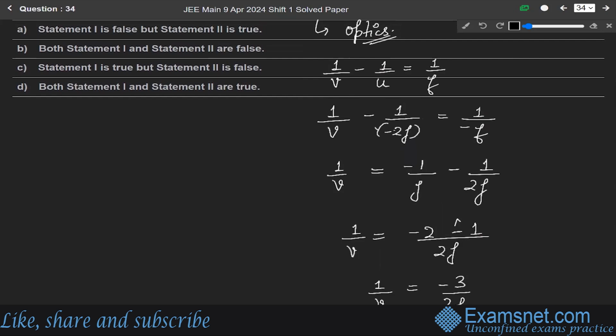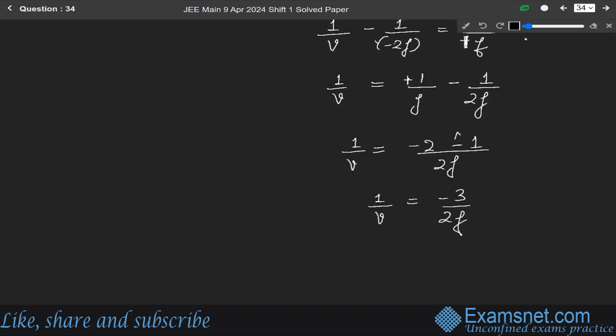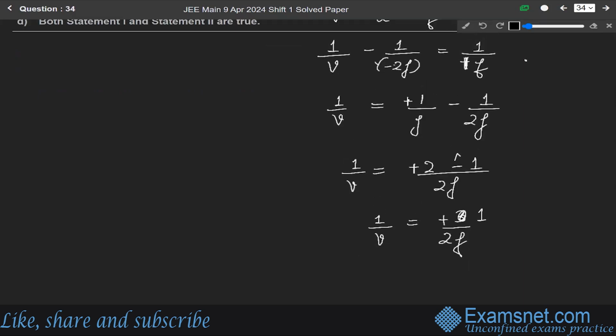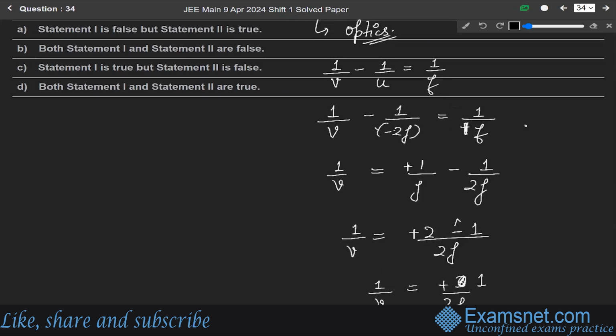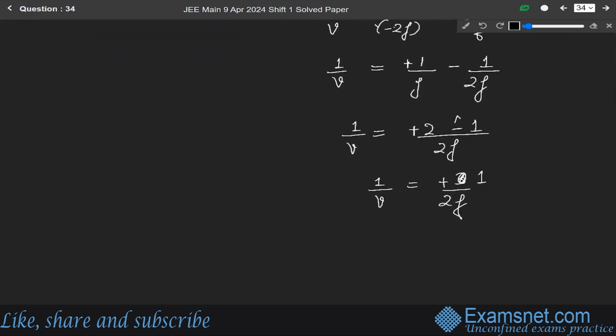If here it is plus, when it goes here it will become minus. Oh, sorry, this is plus. Okay, sorry, this is plus, this is plus. So this will be plus 2. So it will be plus 1. So 1 over V equals plus 1 over 2F. So from here we see that V equals 2F now.